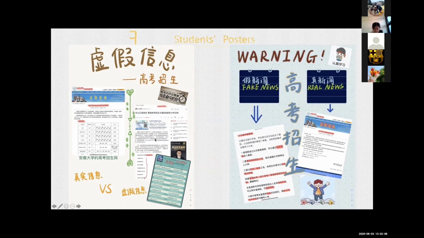In addition, the students also found some false information. For example, they found some fake universities in Beijing. These universities were not recognized by the Chinese Ministry of Education, and fake universities also created some fake websites for the online public.